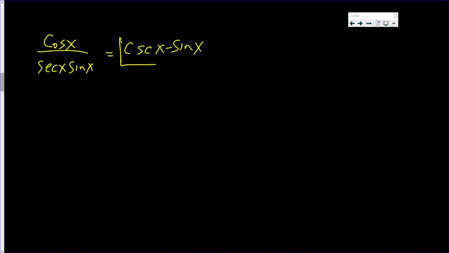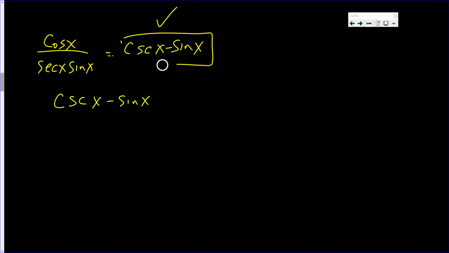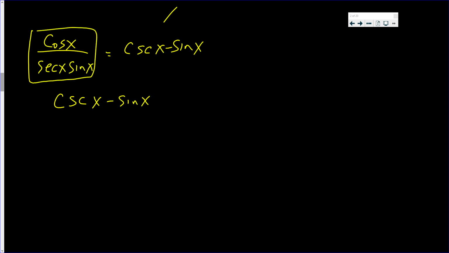And I know that the first term I can write as a fraction. So then once I have a fraction, I can get common denominators. I'm going to work with the right hand side. I know I've been boxing the easier one, so let me continue to do that. The left side looks easier.